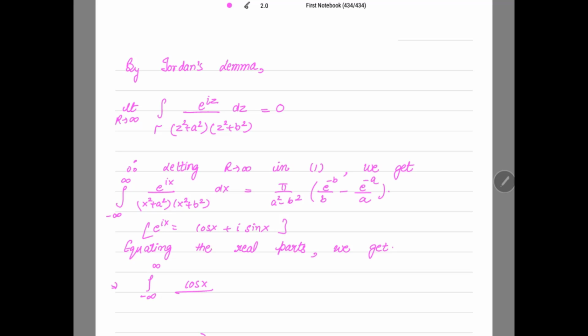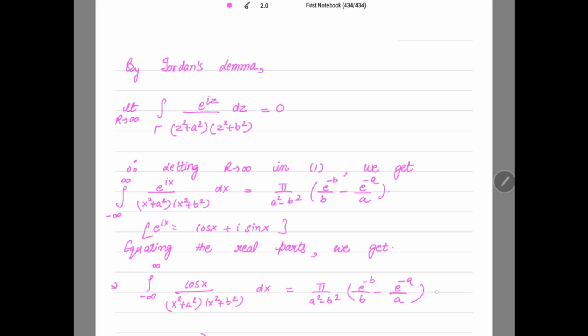So equating the real parts, I will be getting cos x over x squared plus a squared into x squared plus b squared. Oh yes, this is what my given integral is. So this is equal to pi over a squared minus b squared, e to the power minus b over b minus e to the power minus a over a.